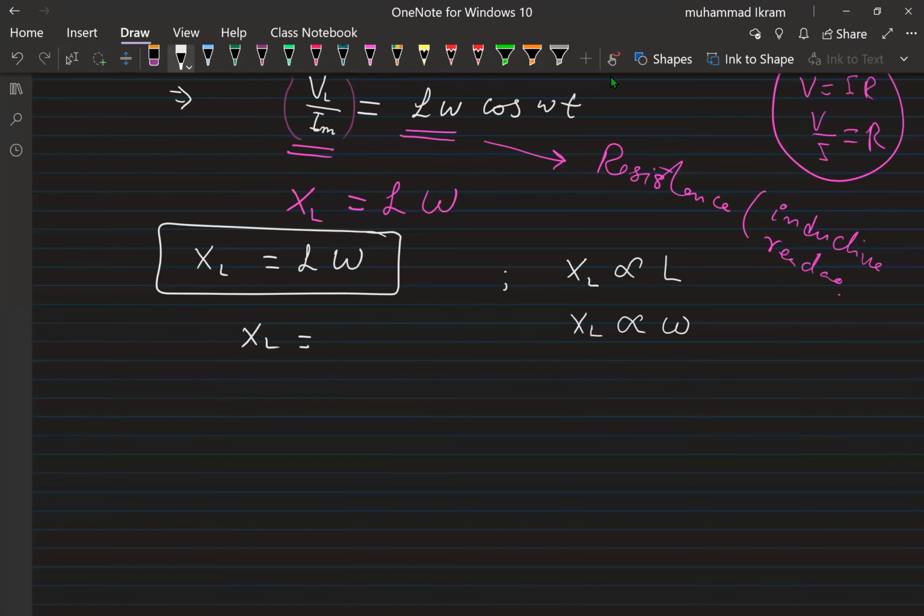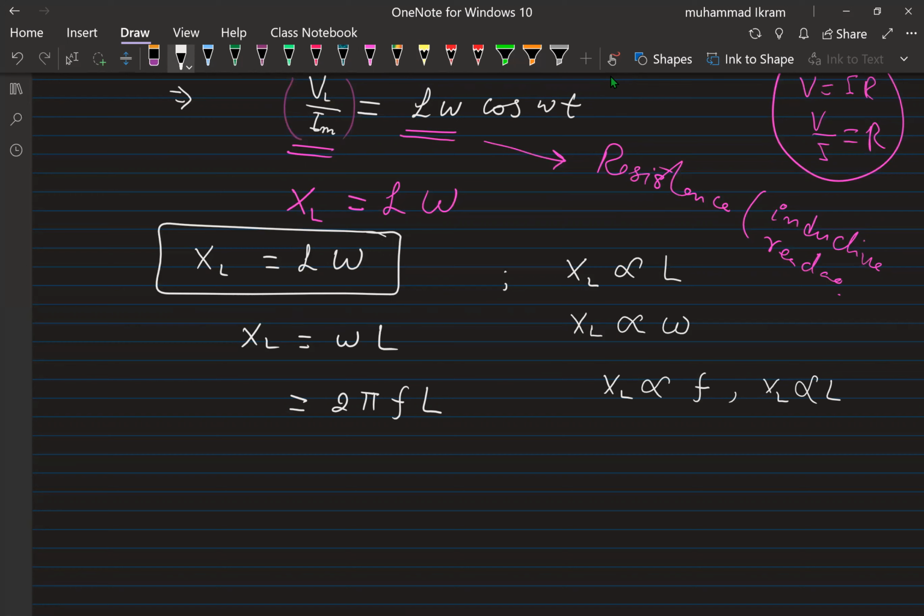So instead of this omega L, I will write 2 pi F into L. So here it shows that XL is directly proportional to F and XL is directly proportional to L.